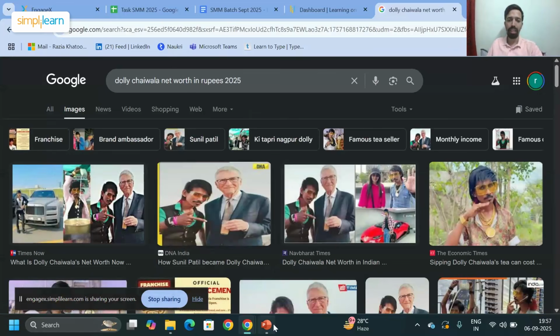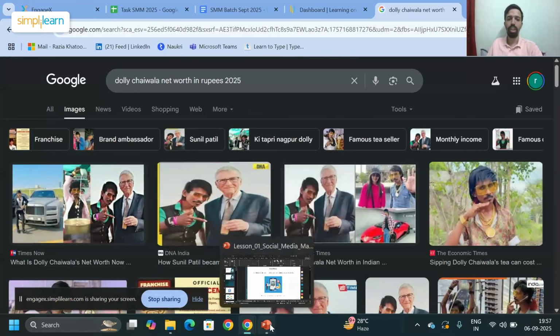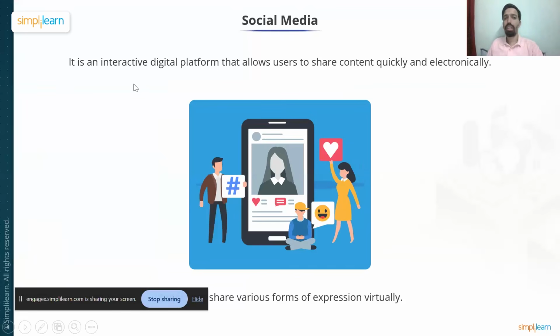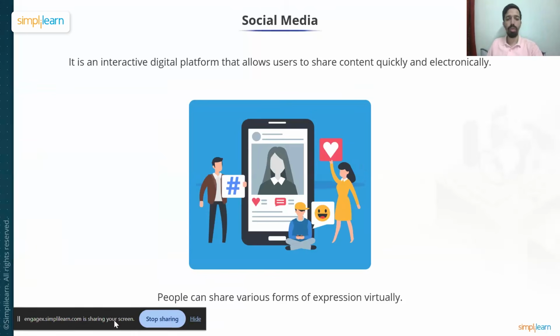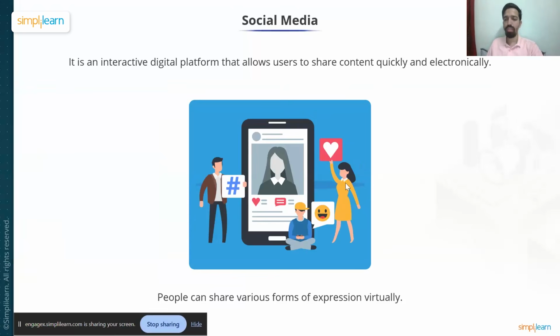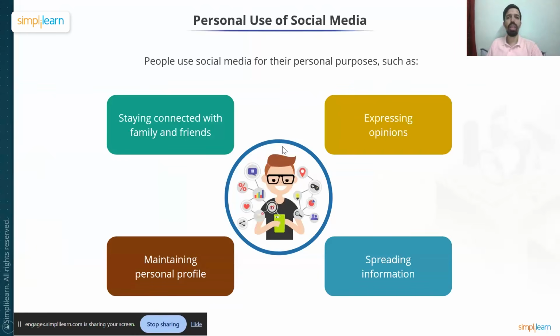This is the power of social media. So that is what we are going to be understanding. It is using interactive digital platforms that allow users to share content. The moment his content was live, he became popular very easily. So this is social media, a quick brief, guys.